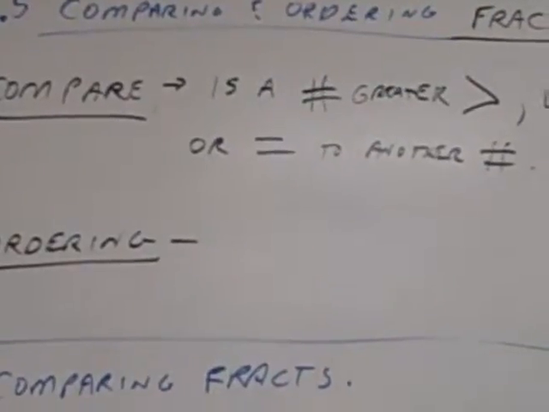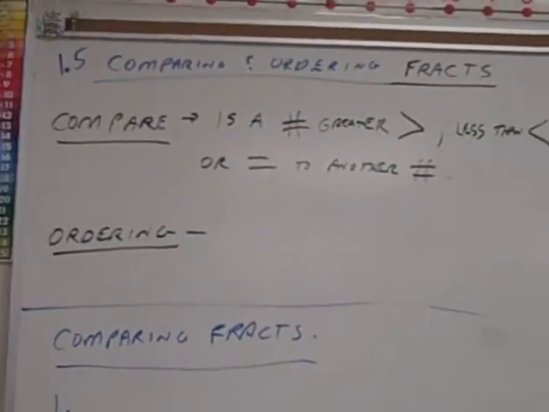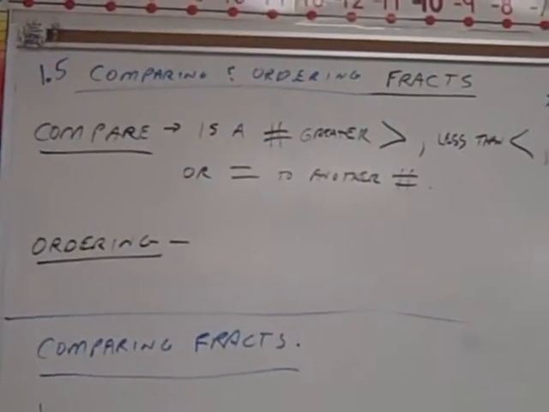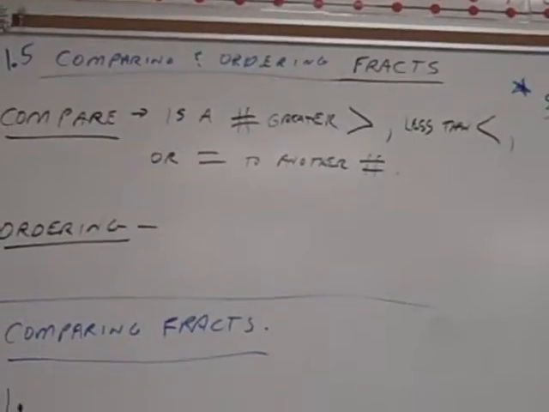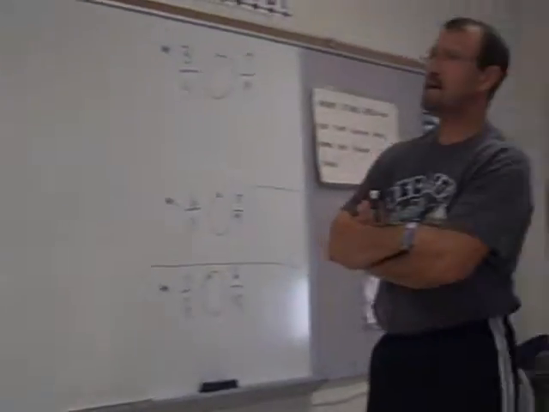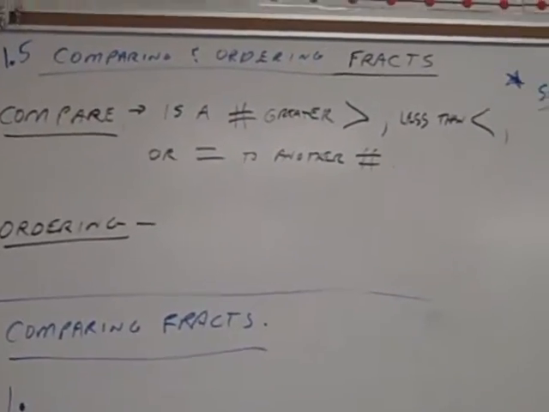So when we're comparing, we're just finding greater than, less than, equal to. That's comparing. Is a number greater or less than or equal to another number? That's comparing in mathematics.